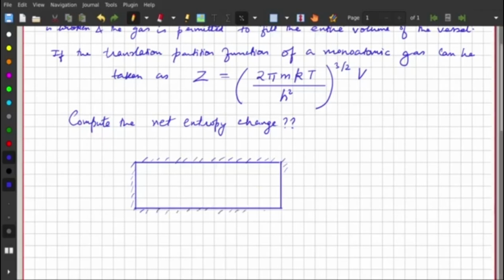So it's an isolated system. Okay, and there is a partition in between. And one side contains a gas, a monoatomic gas. Okay, so this is filled with atomic gas. And this is vacuum.